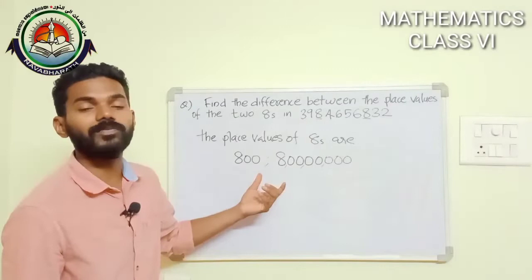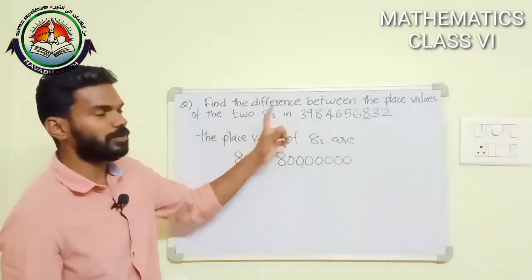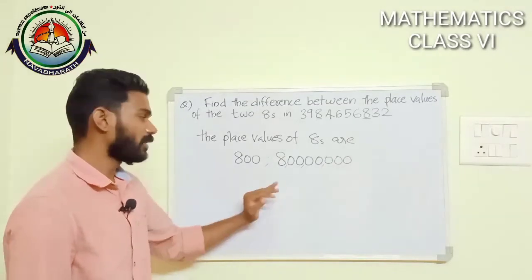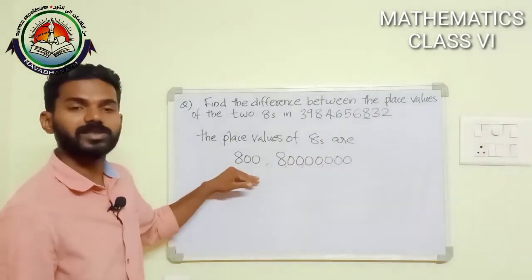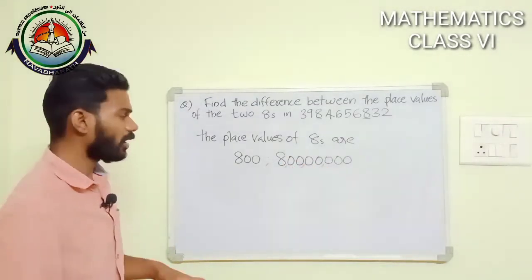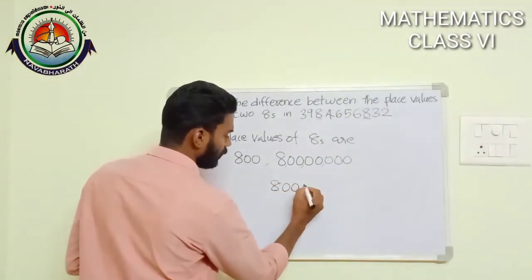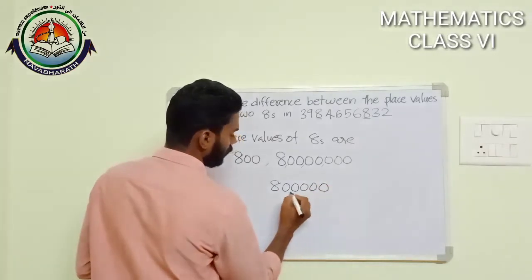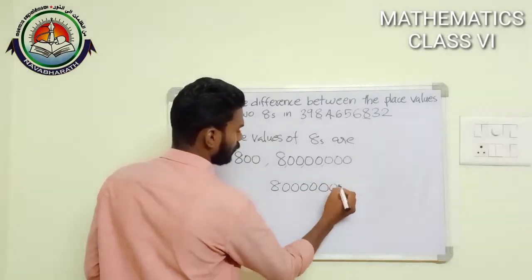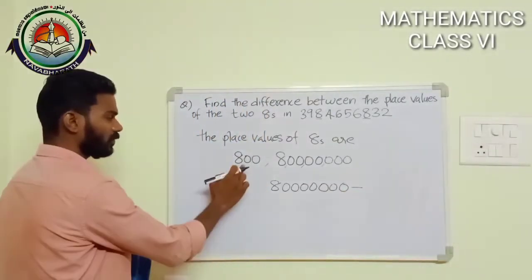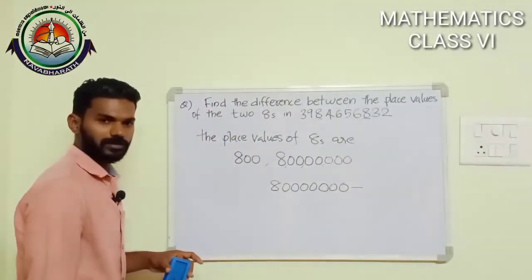Now, we have to find the difference between these two place values. Difference means greater number minus smaller number. So, how can you find the difference? It would be 8 crore minus the next one, 800.